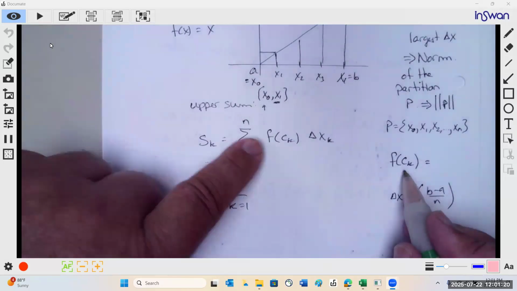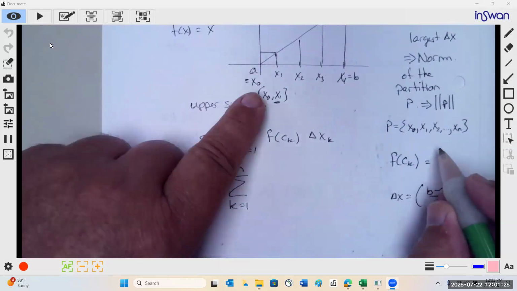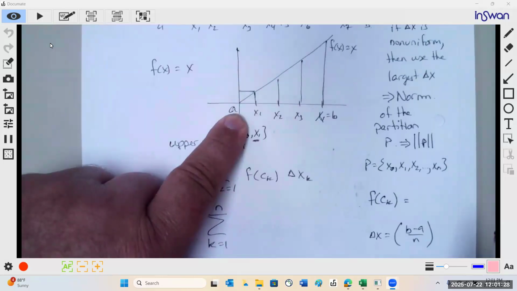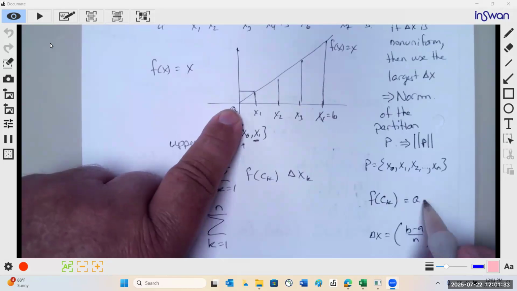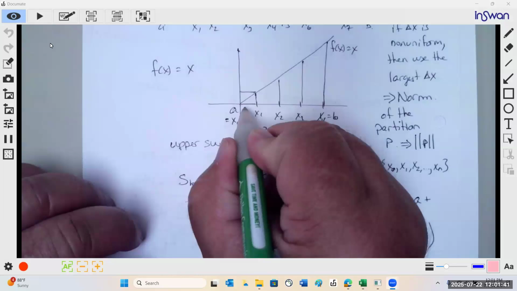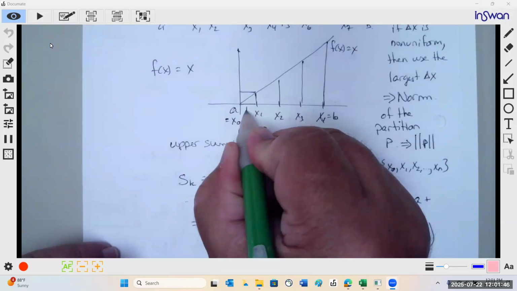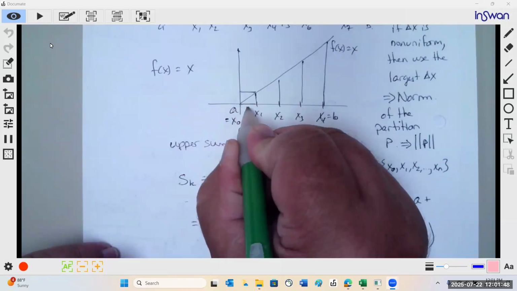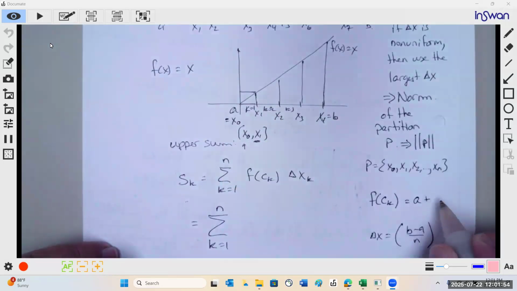We have to now come up with a formula for the function itself. In our interval, you start at the value a, the lower end, and then we add k times delta x. This is k equals 1, k equals 2, k equals 3.